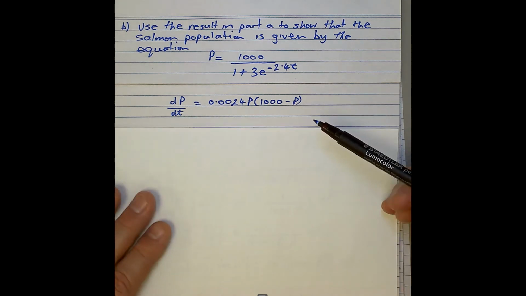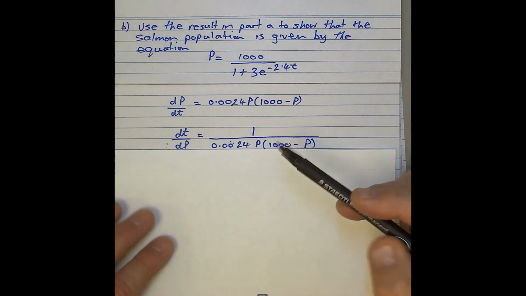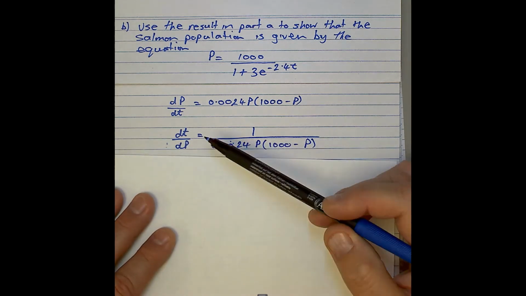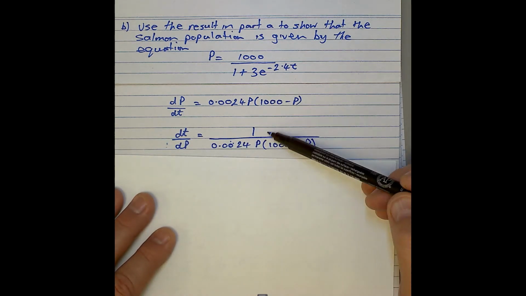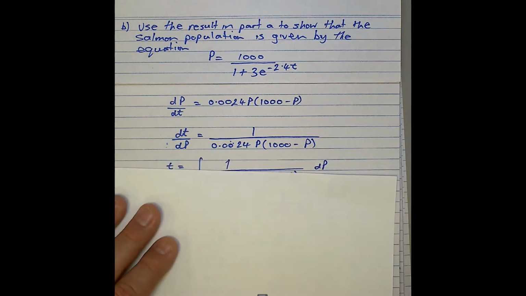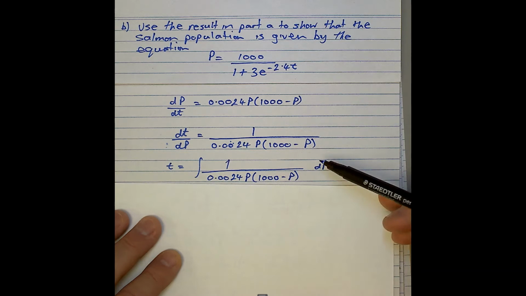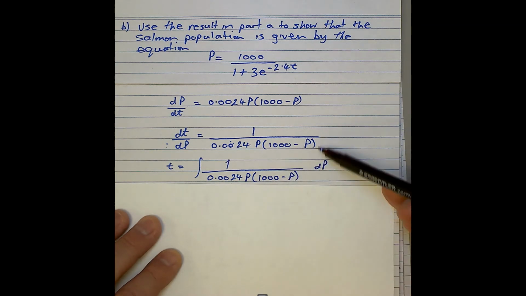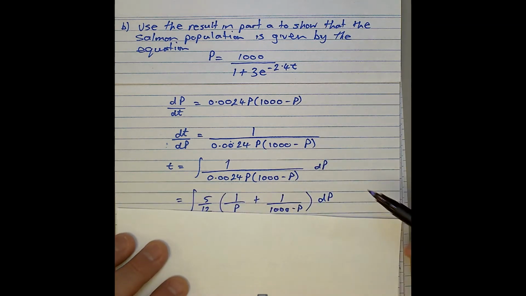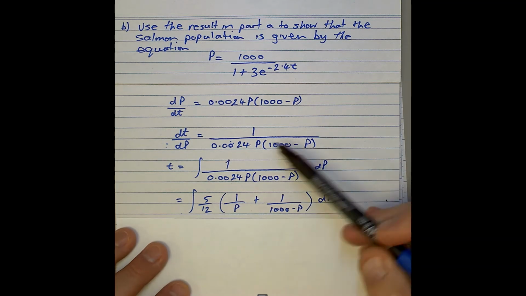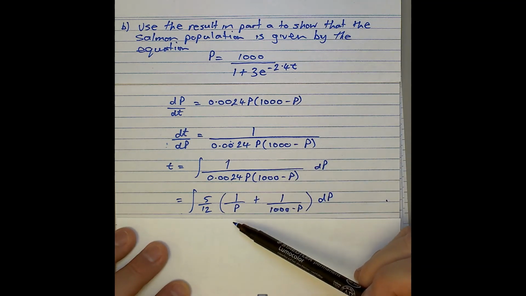To start with, I'm going to find dt/dP, and that is 1 over this expression. And therefore, I know that t is going to equal the integral of this expression, dP. Then from part A, I can rewrite that in this form here.